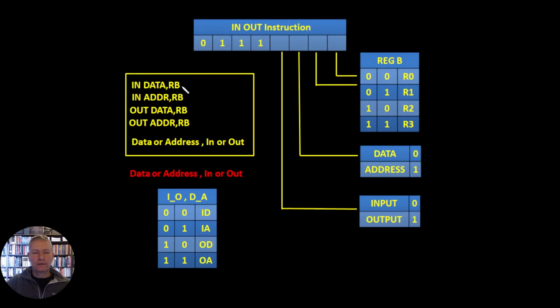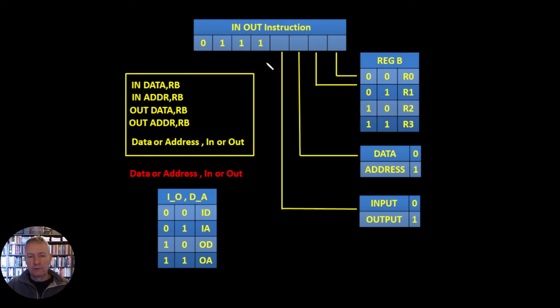Now, where is the information containing the data or the address coming from? Well, it's going to come from register RB. And register RB is obviously going to be a value for register 0, 1, 2 and 3.